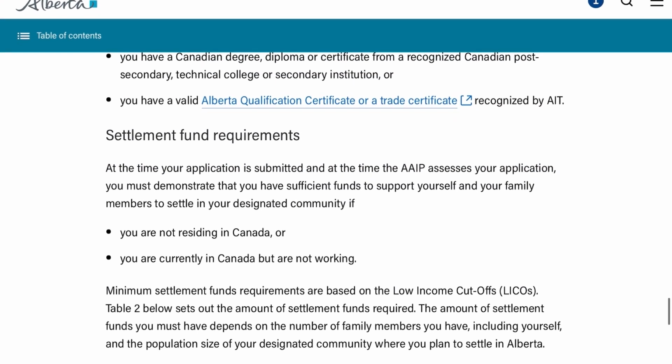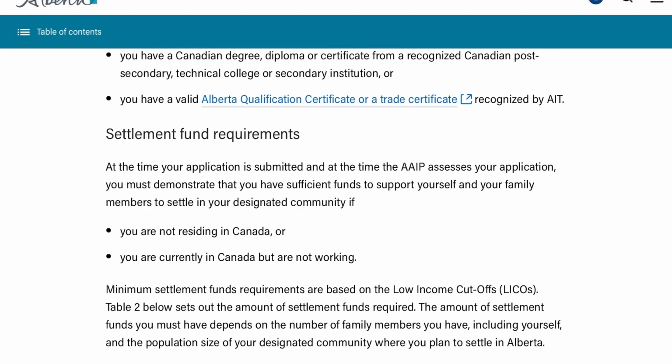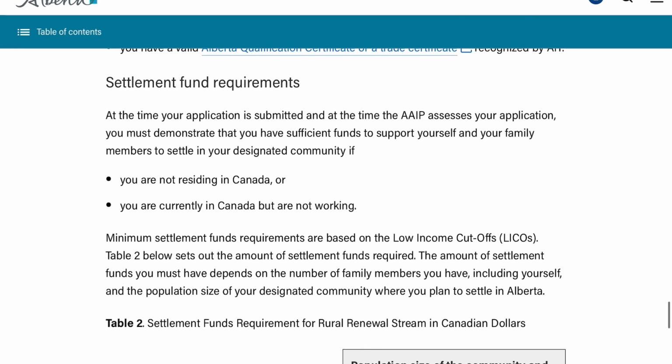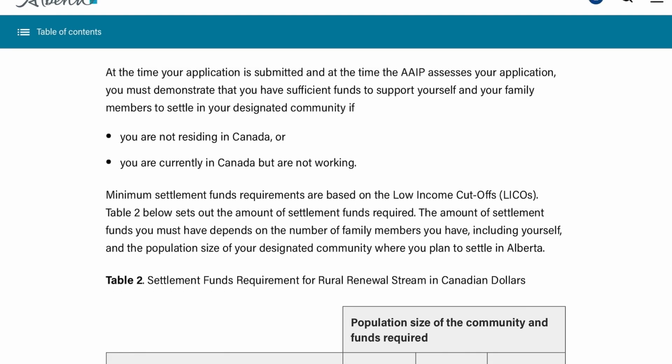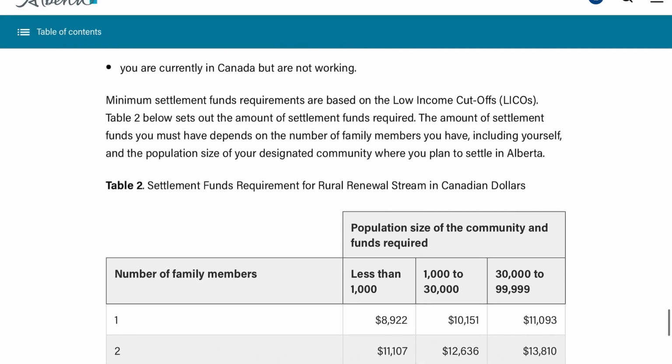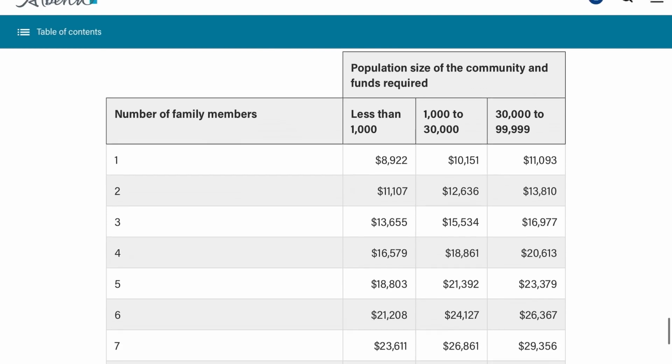Yeah. So let's look into the proof of funds requirement for the Rural Renewal Stream. Here they call it the settlement funds requirement. So when you submit your application and when your application is being processed, you need to demonstrate that you have sufficient proof of funds. Right? So this proof of funds is here.